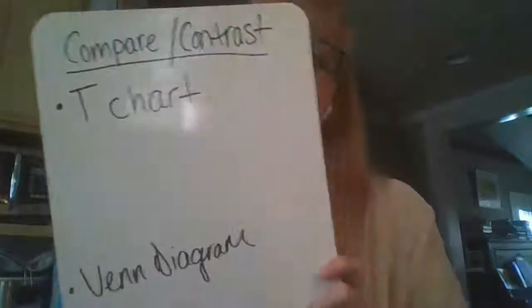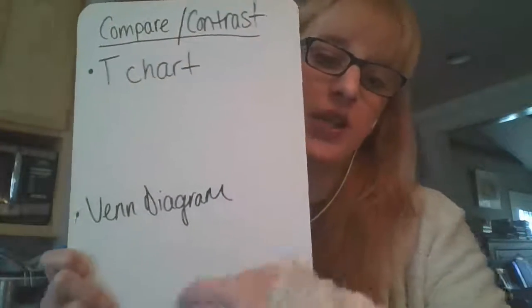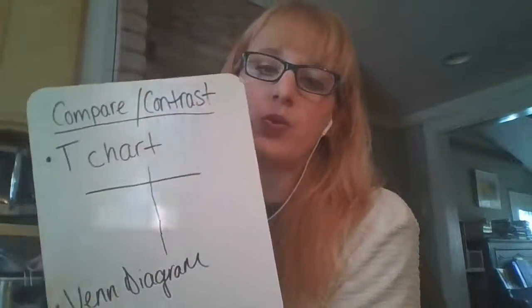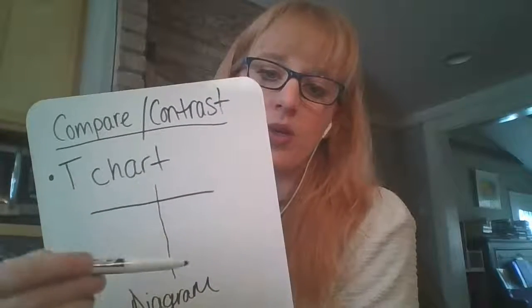All right. So two writing process things I wanted to go over for compare and contrast. T-chart is definitely going to come in handy. Venn diagram. Do you remember what those two tools are? T-chart is just like that. You put one subject here, the other subject here, and you can go point by point.